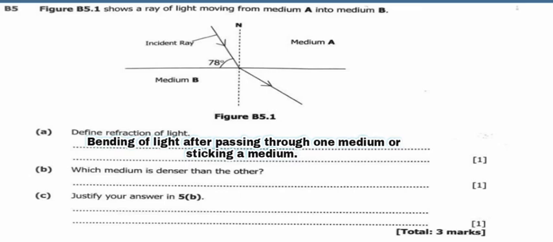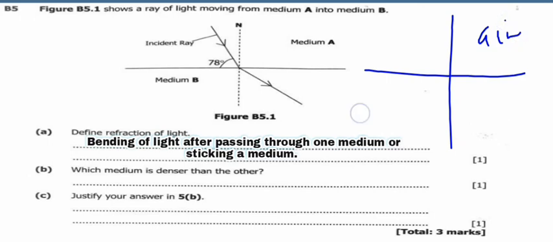Okay. Then as for B, which medium is denser than the other? So to know which medium is denser than the other, we need to look at the ray. Is it bending away from the normal, or is it bending toward the normal? So when you have a plane surface like this one, if this one is the air and this one is water, what is coming from the air bends toward the normal.